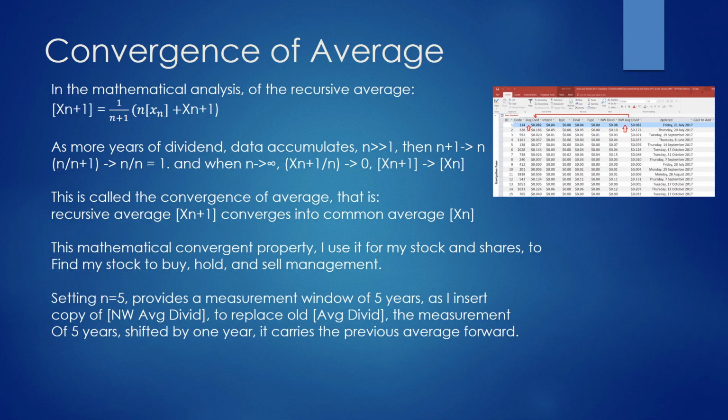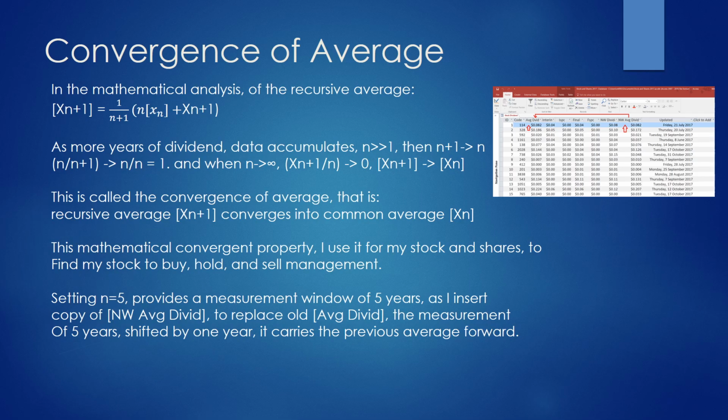The fraction n over n plus 1 will approach n divided by n equal to 1. And when n approaches infinity, the expression xn plus 1 divided by n will approach 0. Therefore, the average xn plus 1 will approach the average of xn. This is called the convergence of average.